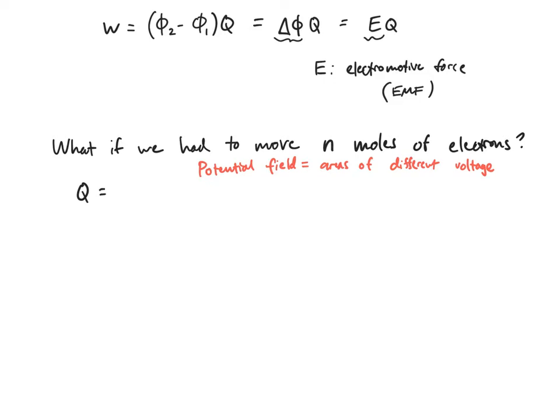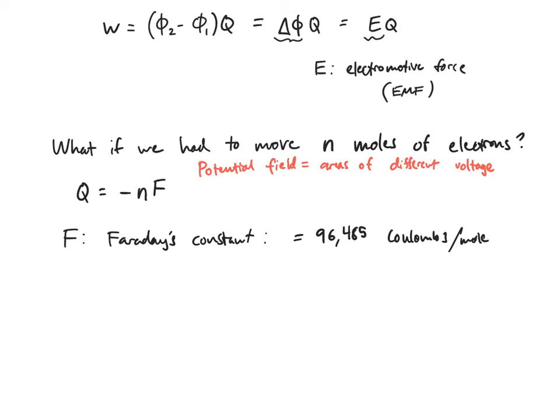That's going to equal negative, because it's going to be a negative charge for the electrons, n for the number of moles of electrons multiplied times this new constant F, where F is Faraday's constant. And Faraday's constant is equal to 96,485 coulombs per mole.